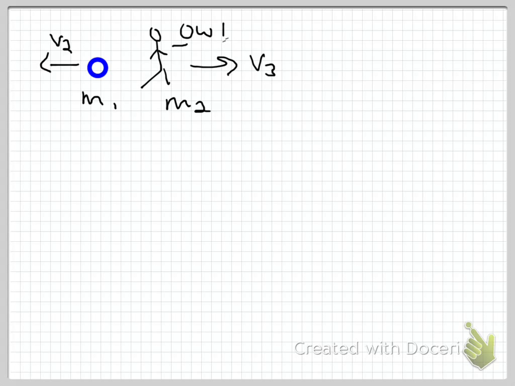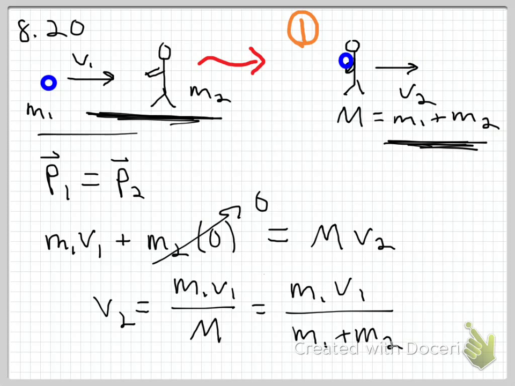So I'm just going to apply the conservation of momentum again. My total momentum before the collision is still m1 v1. Nothing's changed, and that just comes from noticing over here the only thing moving is the baseball. So m1 v1 is the total momentum.